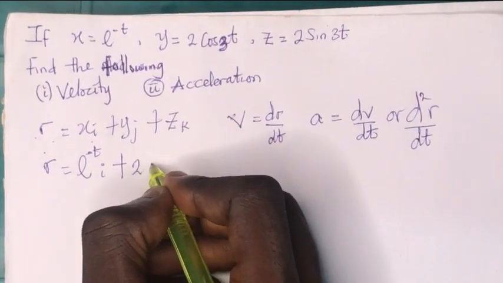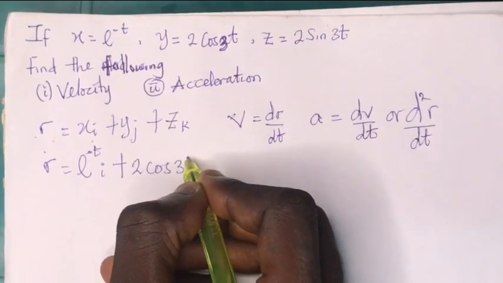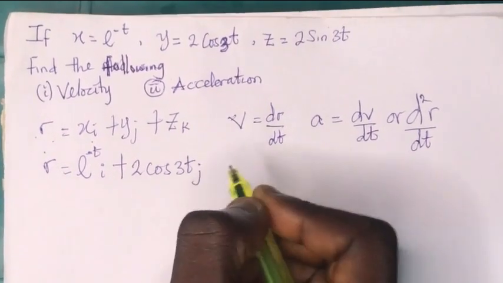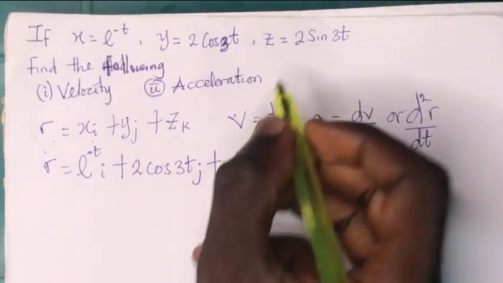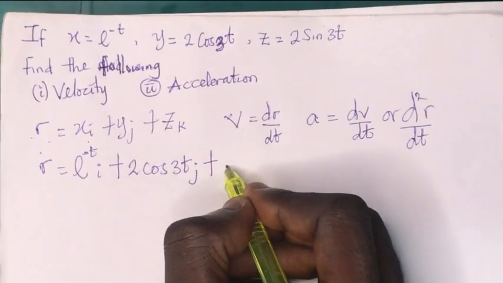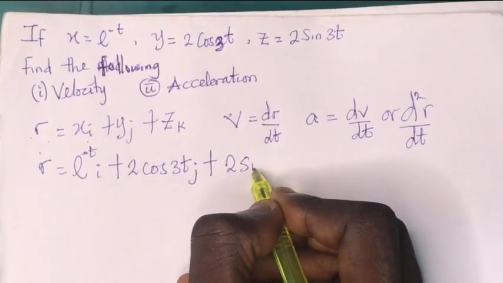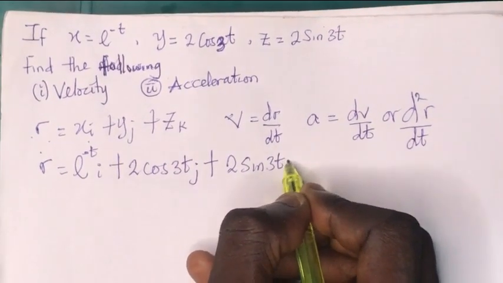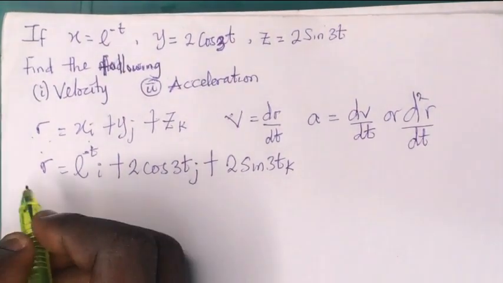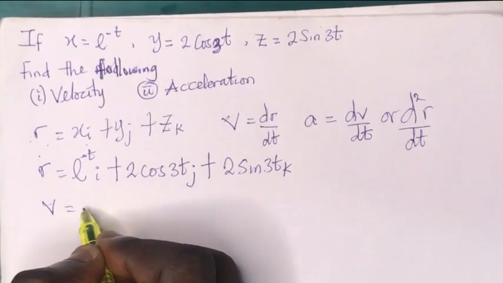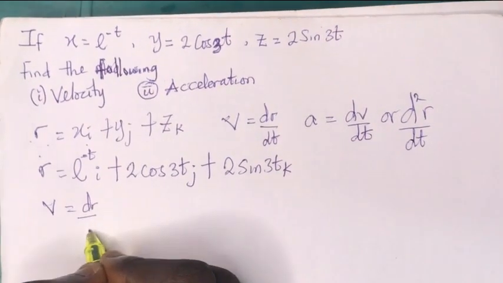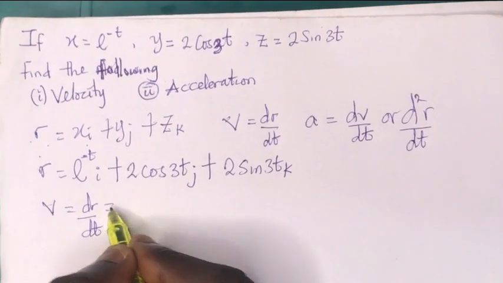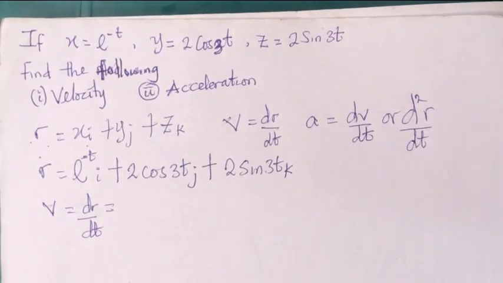That's 2 cos 3t, then that will be your j, plus your z is what? 2 sin 3t, then that's our k. So now what will be my v, which is what? dr dt.